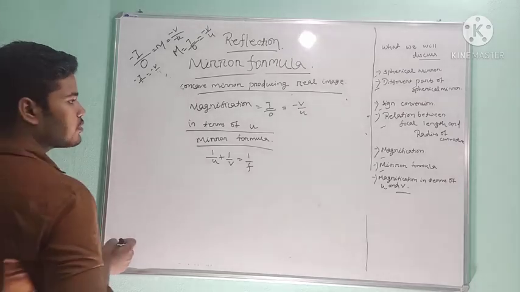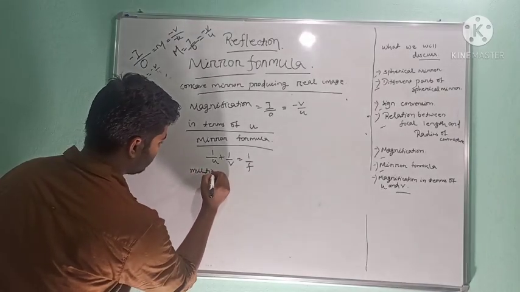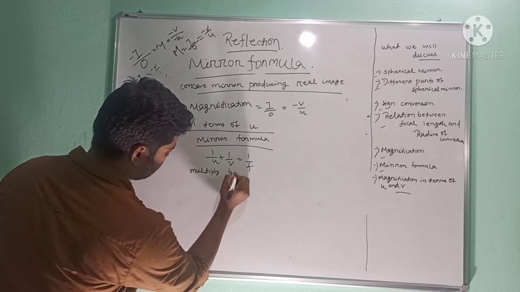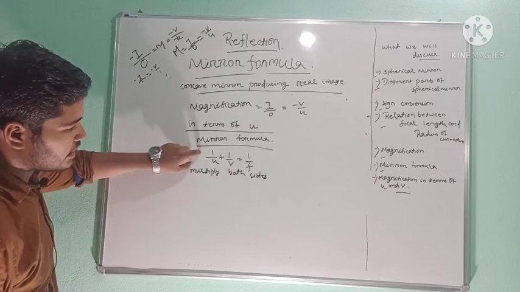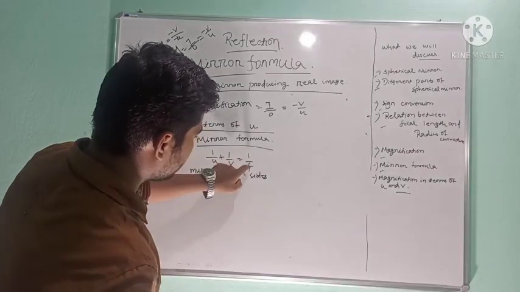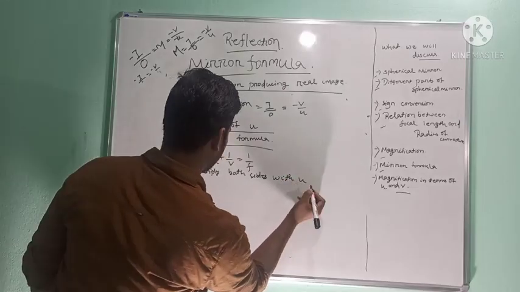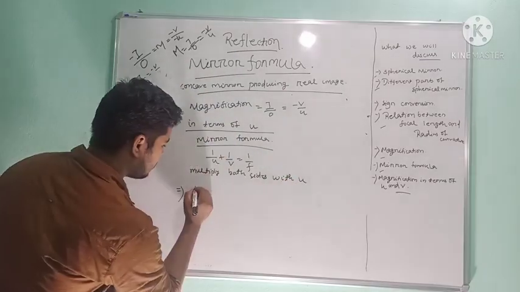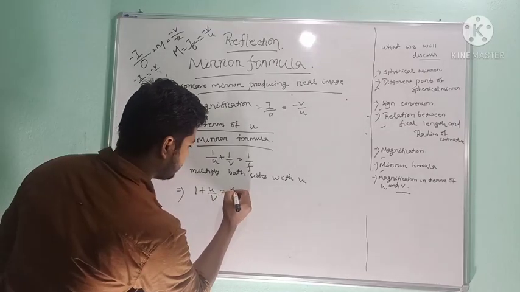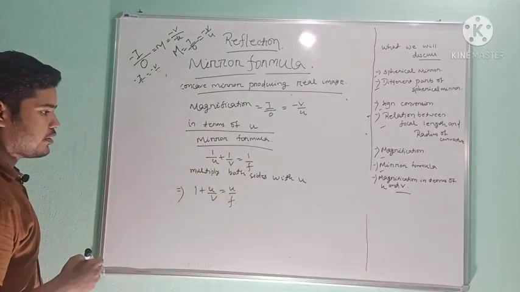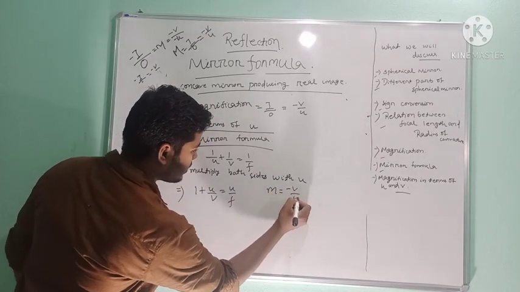We know this. So just multiply both sides, left side and right side, with u. So what you will get? 1 + u/v = u/f. What do we know? M is equal to minus v/u.